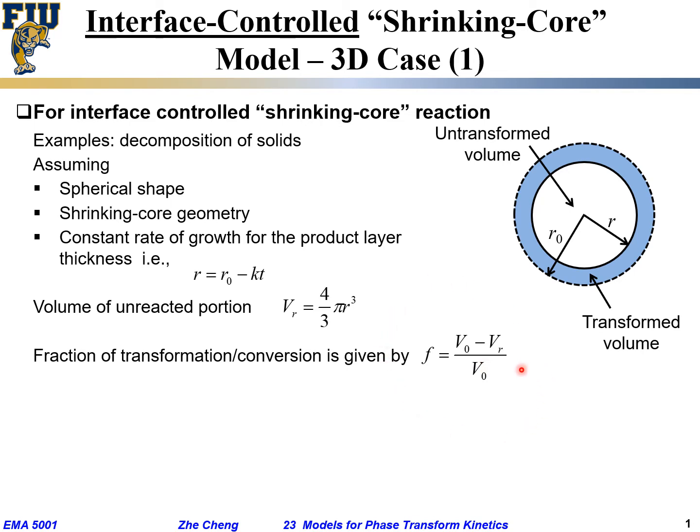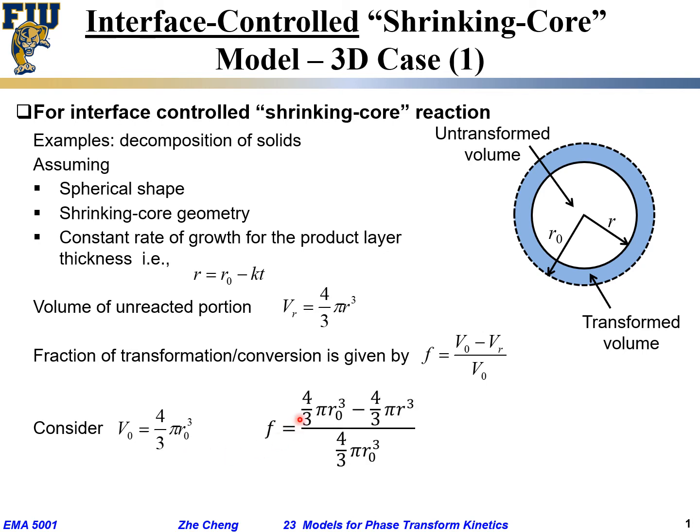So this gives us the fraction of conversion. And then consider V0, similar to what we derived before in spherical geometry, would be 4 over 3 pi R0 to the power 3. Again, R0 would be the initial radius for the phase, okay, in spherical geometry.